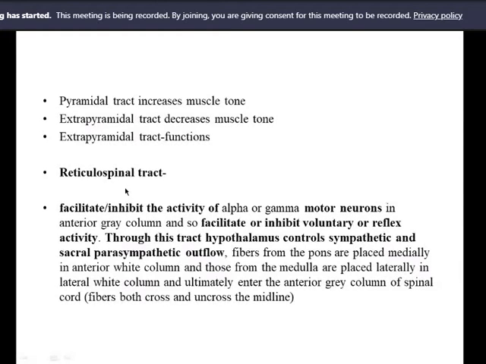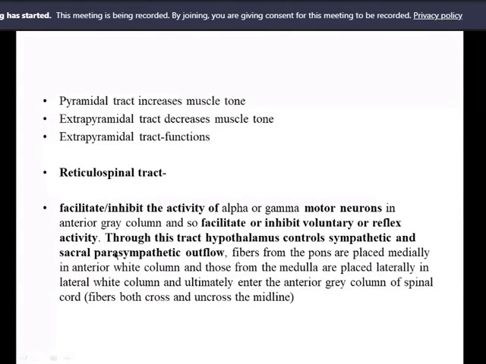Forward bending for reticulospinal tract, backward bending also for reticulospinal tract. So it facilitates or inhibits voluntary or reflex activity. And through this tract, some autonomic nervous system tract also goes through the hypothalamus, controls the sympathetic and parasympathetic outflow. Which parasympathetic? Sacral one.